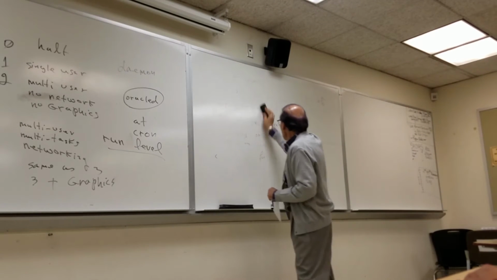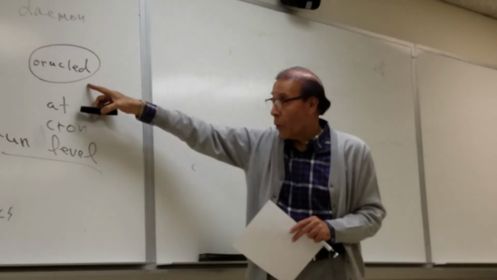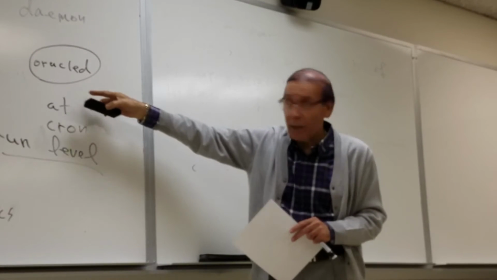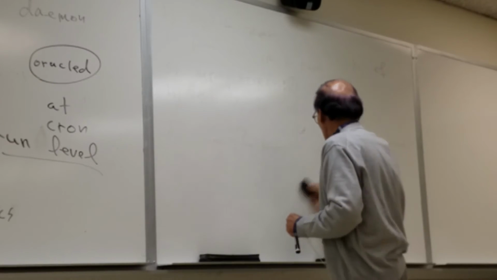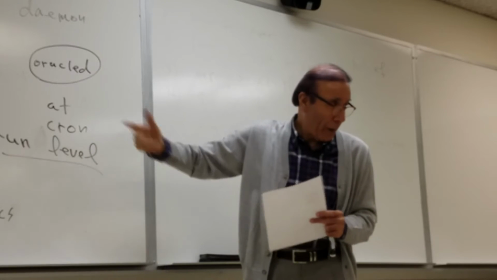First of all, this script we decided to be called Oracle D, right? The name of the script. So we call this Oracle D to comply with the rule of daemon, okay?